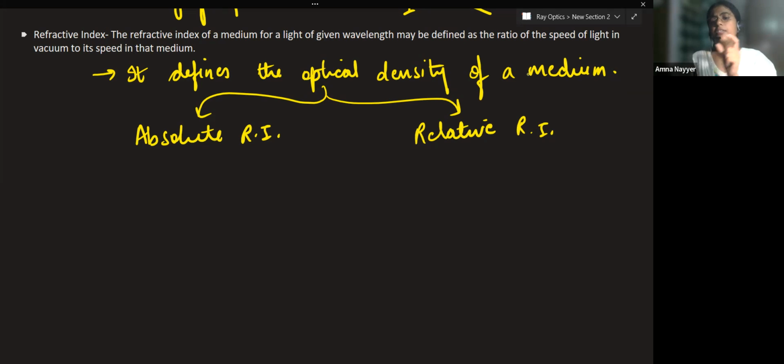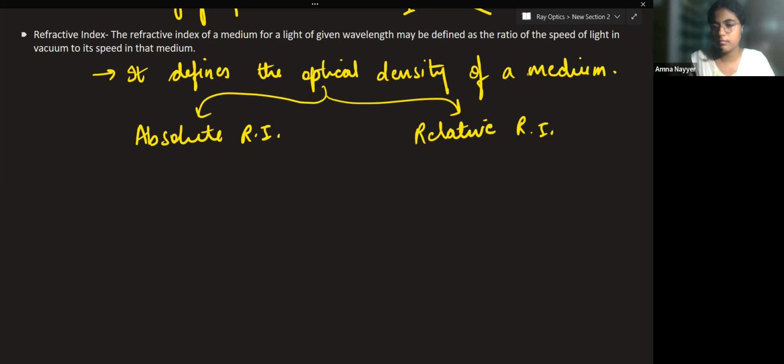And relative refractive index is when there is a comparison of two media, any media apart from air. If air becomes your medium, then all the concepts change and you have absolute refractive index back. For relative refractive index, the ratio of two speeds and the ratio of two wavelengths are given. That's what refractive index is.